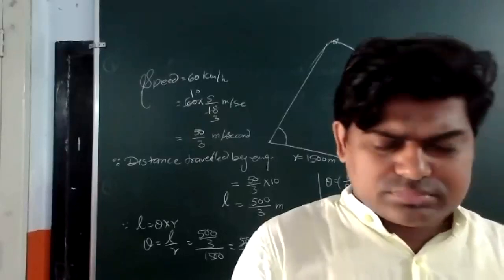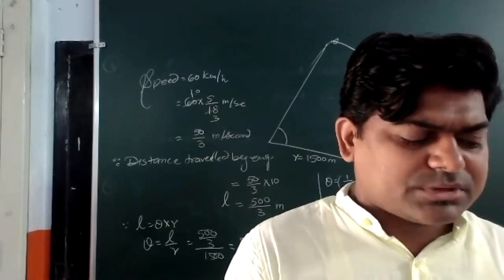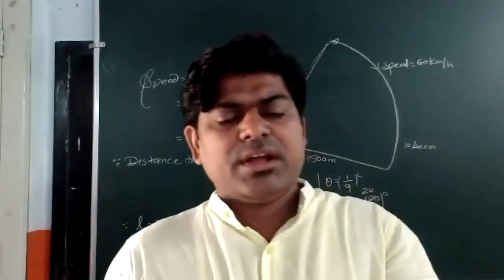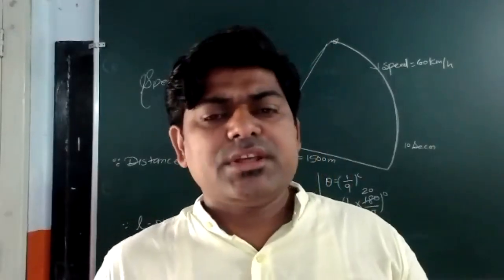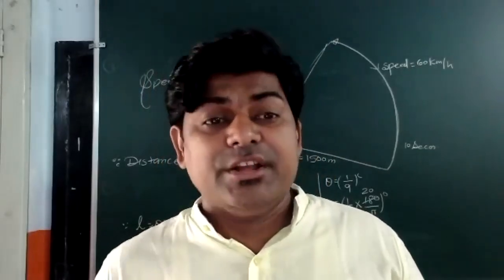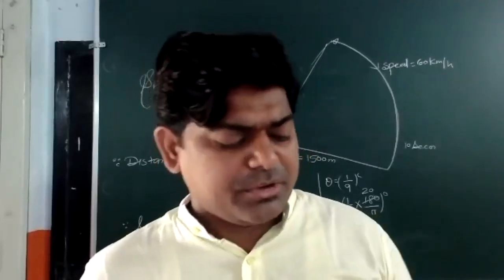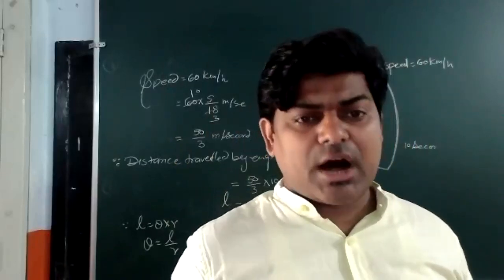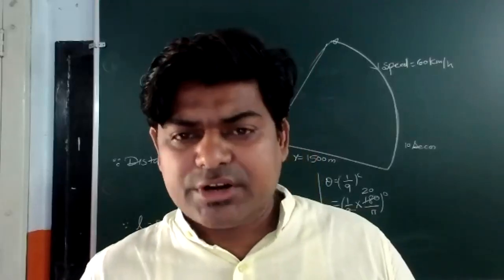Question number 12 is there, and I'm explaining it. If arcs of the same length of two circles are there, but the angles are different, he is asking what would be the ratio of their radius. Suppose I'm having two circles, and I took their radius as R1 and R2, with angles given as 65 degree and 110 degree.